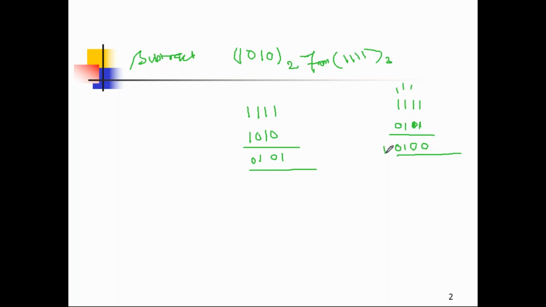Now I have an end carry in this process. In one's complement, if there is any end carry, you have to add that end carry to the result. So add that to the result: 0 1 0 0 plus 1 gives 0 1 0 1. This is the result I obtained by using one's complement.